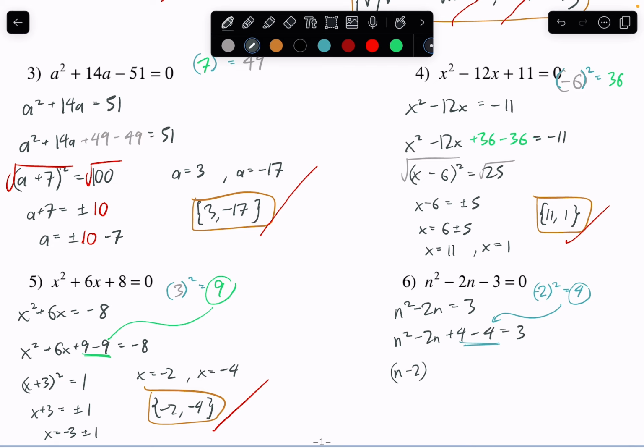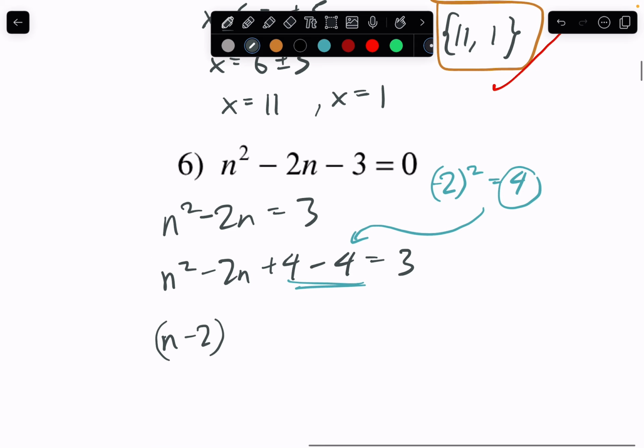So I'm guessing there's a formula for this one. This is a special kind of completing the square.